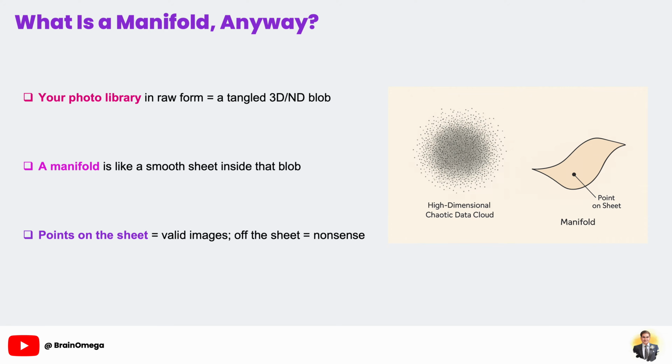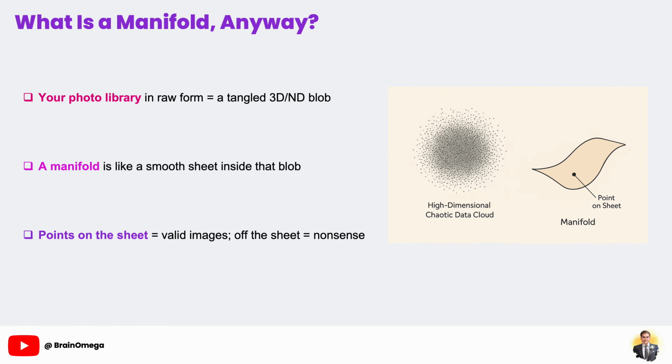Imagine a crinkled piece of paper folded inside a box. The paper itself is two-dimensional, even though the box is three-dimensional. You can slide your finger around on the paper, but if you stray off the sheet and poke into the empty box, you're in junk space, points that don't correspond to any real photo.